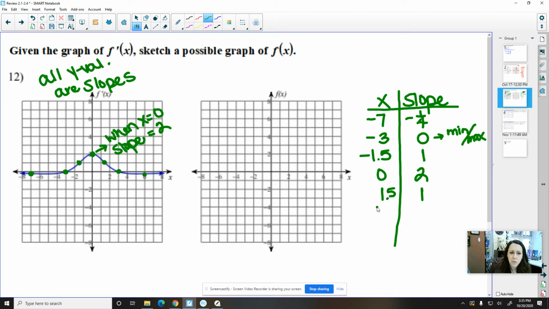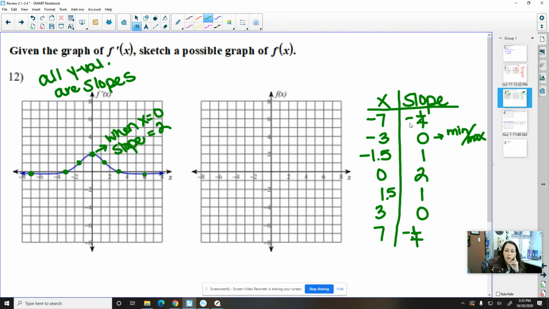And then when we go to x equals 3, the y value again is at 0. And then when we go to the end at 6, or maybe I'll do 7 since that was the same as the left side, the y value there is about -1/4 again.